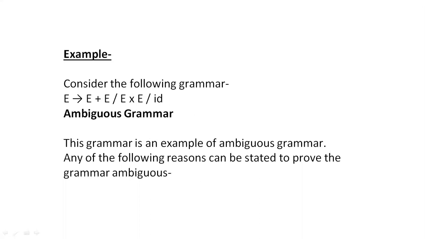Before seeing the reasons and proving that the grammar is ambiguous, initially you all should know how to identify, just by seeing the grammar, whether the grammar consists of an ambiguity or not. Here I'm having a grammar, right? By seeing this grammar, how can I identify whether the grammar is ambiguous or not?